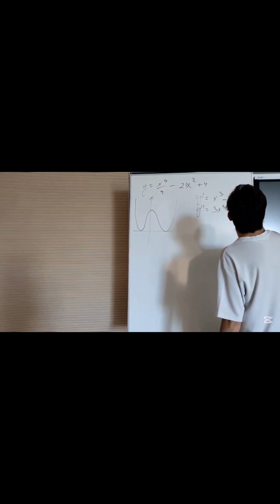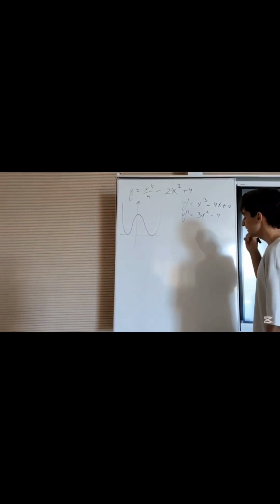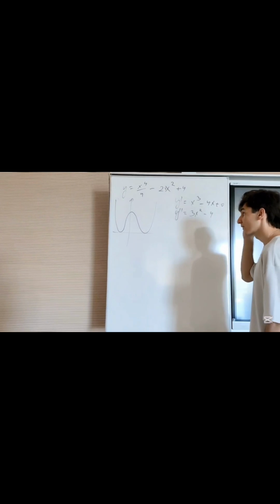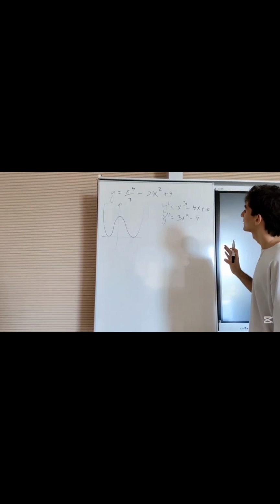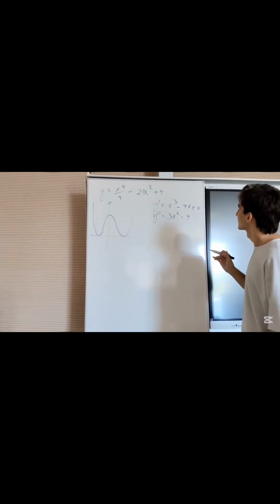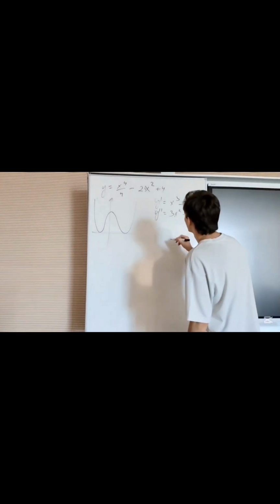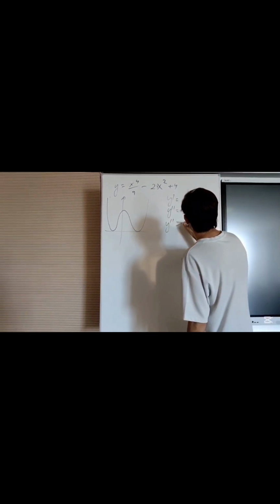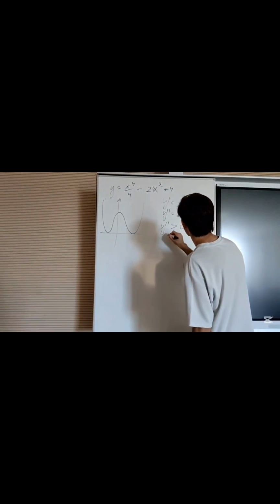So from here we have to find where our second derivative of y is greater than 0 and where it is less than 0. Let me just check if everything is correct, and yes, everything is correct. So y double dash is going to be greater than 0 when, let's solve this inequality real quick.